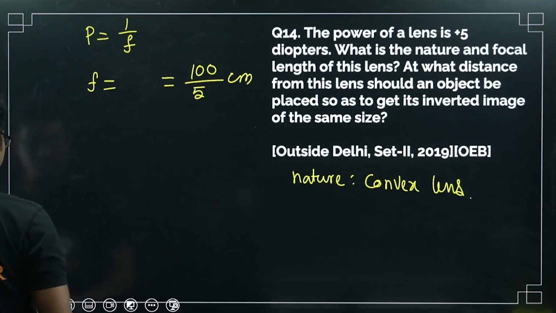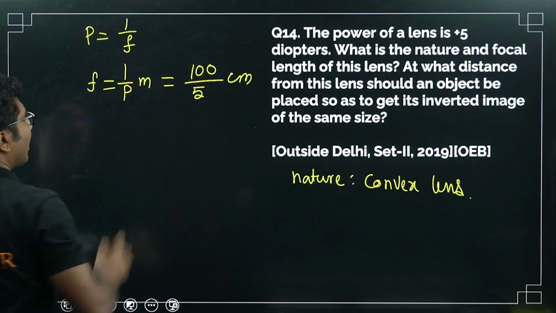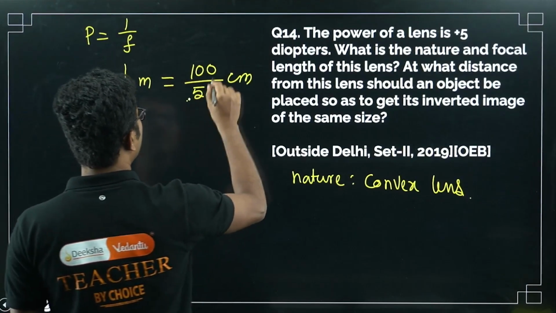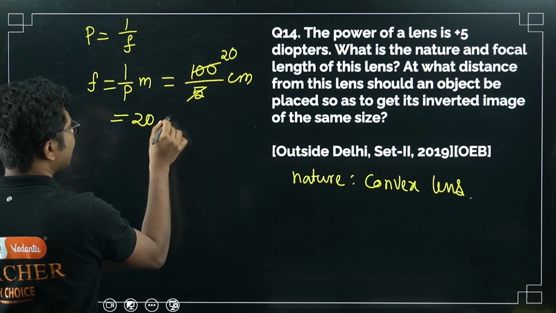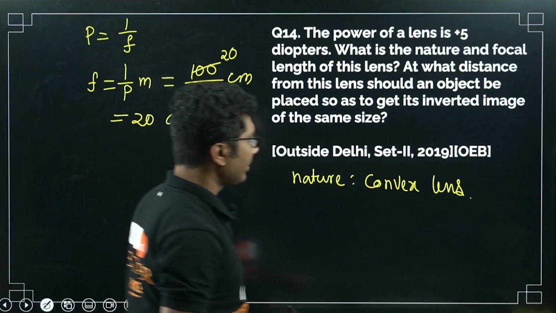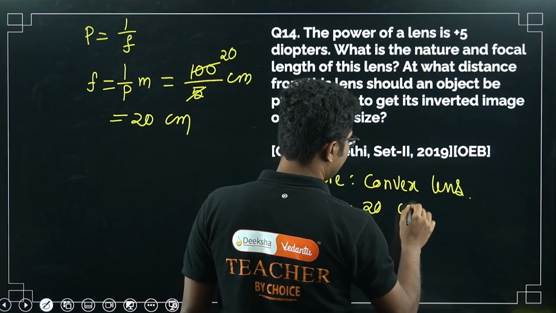If you just do 1 by P, you will get the answer in meters. But 1 by 5 meter would be a very small value, so we convert it and we get 20 centimeter. Focal length is equal to 20 centimeter.